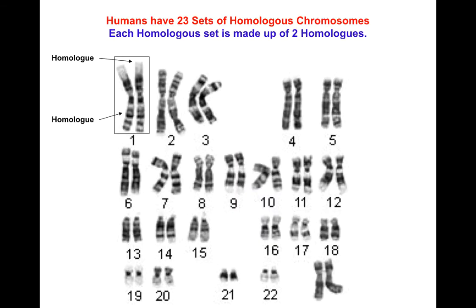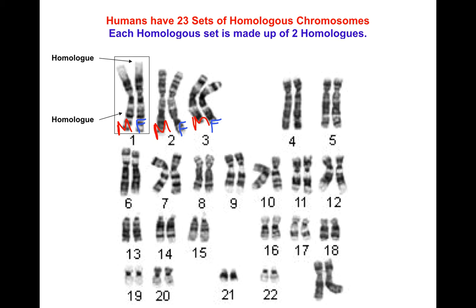Humans have 23 sets of homologous chromosomes. Each homologous set is made up of 2 homologs. So you can think of it like the mother gives one of these, and the father gives the other one.